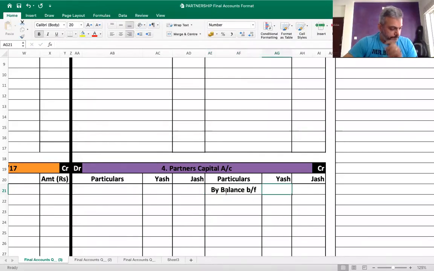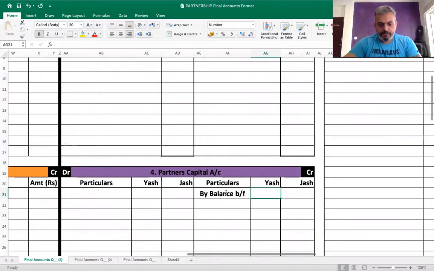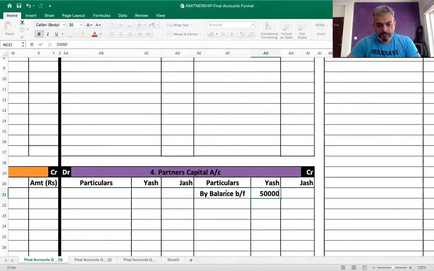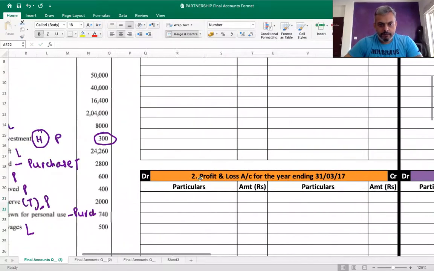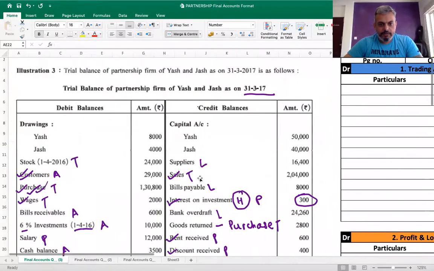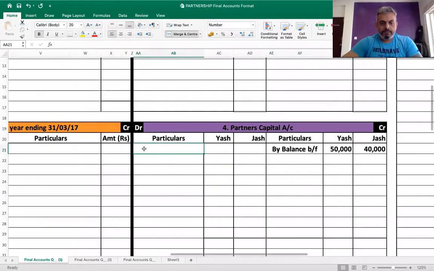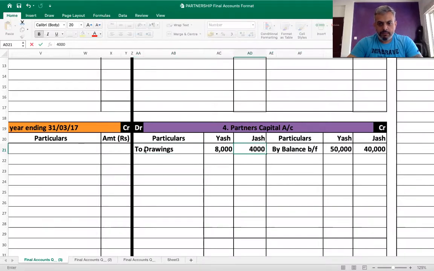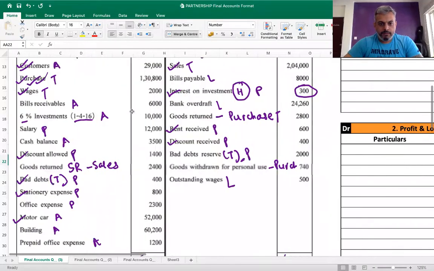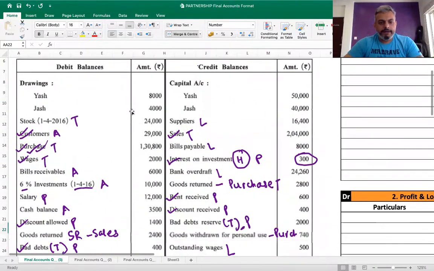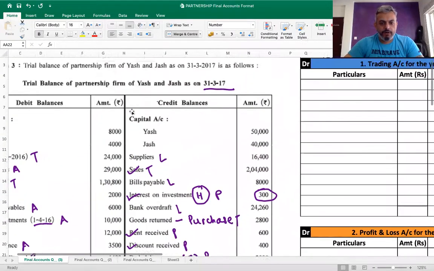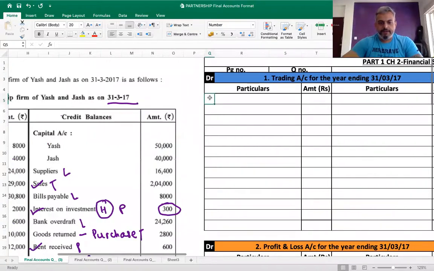Capital is 50,000 and 40,000. Capital drawings 8,000, 4,000. Then opening stock, trading account debit side, 24,000.